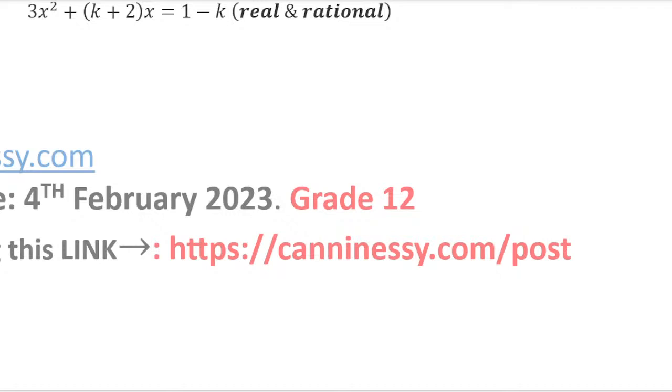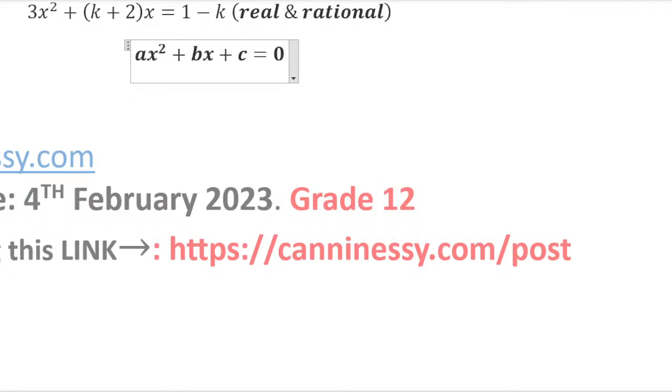Now remember, when I talk about the nature of roots, we should write the equation in the form of ax squared plus bx plus c equals 0.